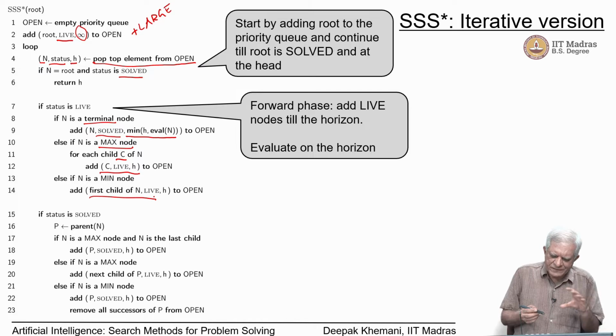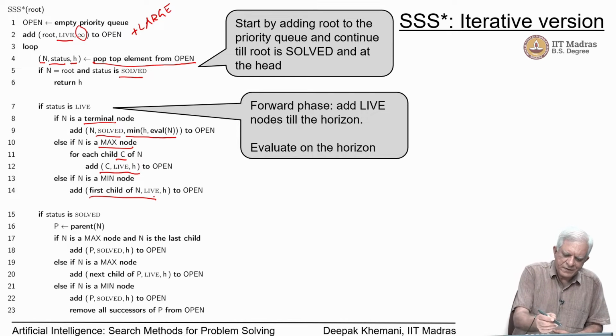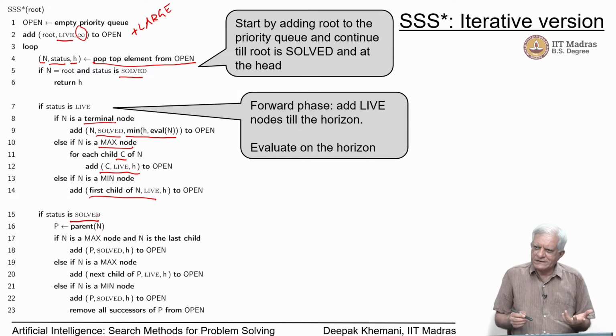So after a certain point, all the nodes on the horizon would have been accounted for in the clusters, and all of them would be solved because we would have applied the evaluation function to them. So, the next time that you pop a node, remember that we are still popping a node, the next time we do that it will be a solved node essentially.